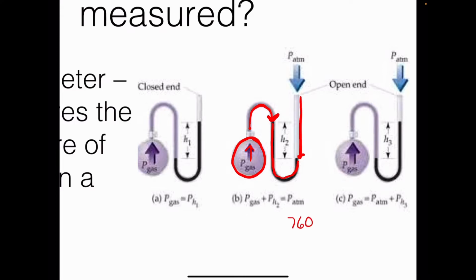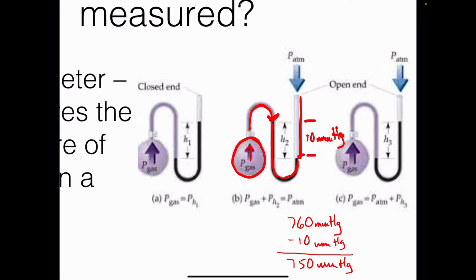So if we say that our atmosphere is 760 millimeters of mercury, and then we know that this height difference is 10 millimeters of mercury, we know that our atmospheric pressure is going to be 10 millimeters of mercury more than the pressure of the enclosed gas. So if we subtract that 10 millimeters of mercury, then we will be able to see that the pressure of our enclosed gas is 750 millimeters of mercury.